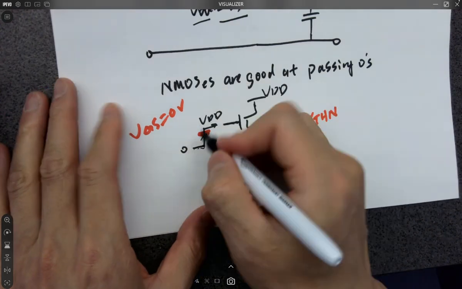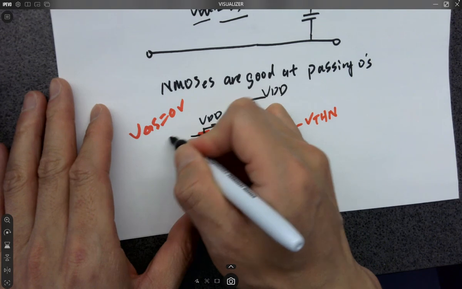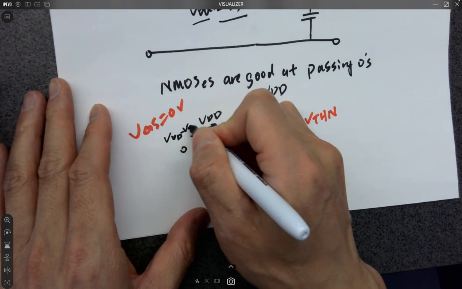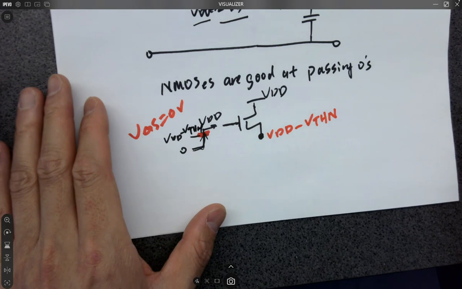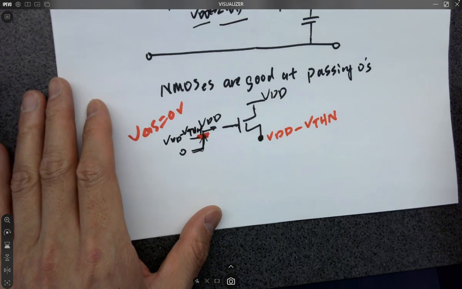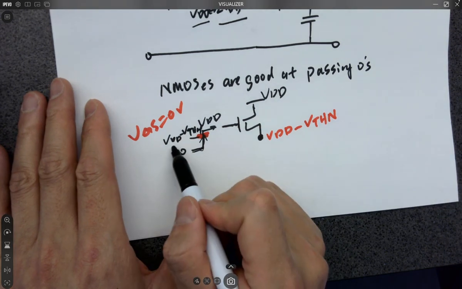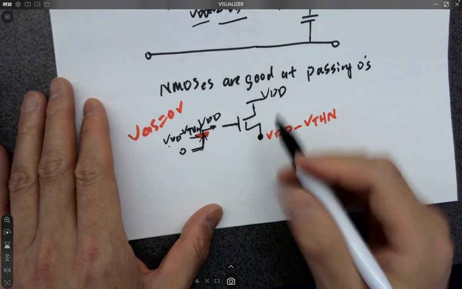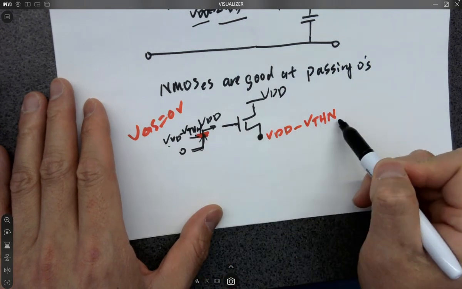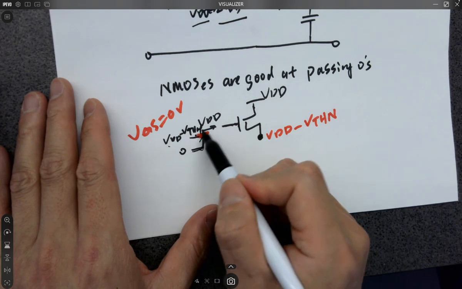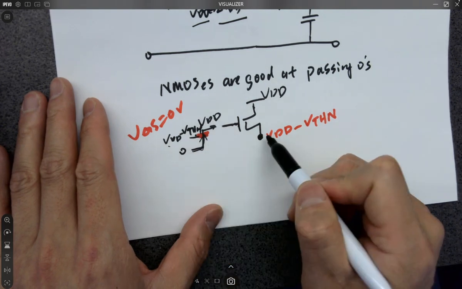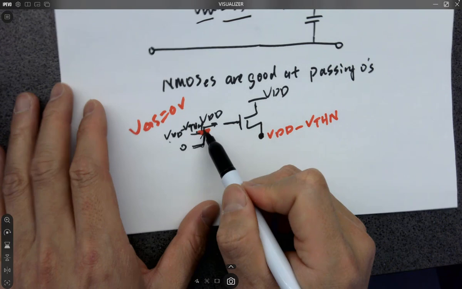Because whenever this one goes up to VDD minus VTHN, no more can be passed through it, because it turns off.